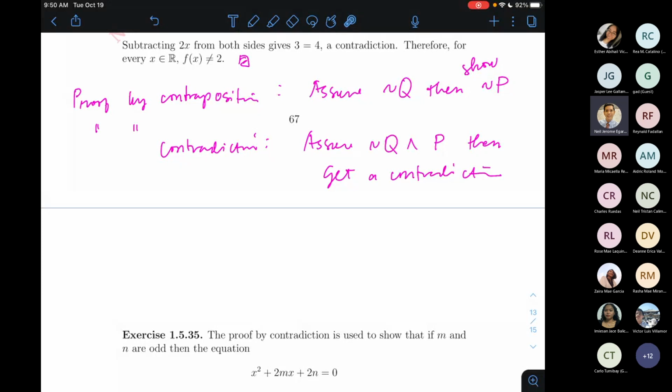Usually tinatry ko muna na direct proof, tapos pag hindi gumana, proof by contradiction. Pag wala akong mahanap na contradiction, pwede kong baliin ng konti yung proof, and try to see, can I show not P coming from not Q? And if so, then that is a proof by contraposition.